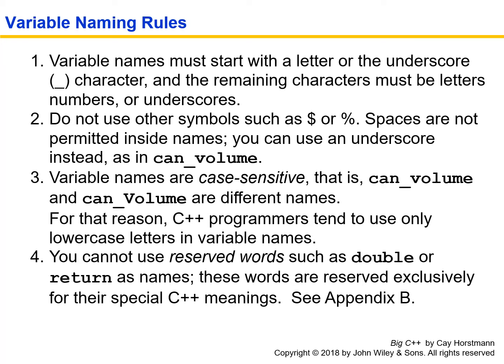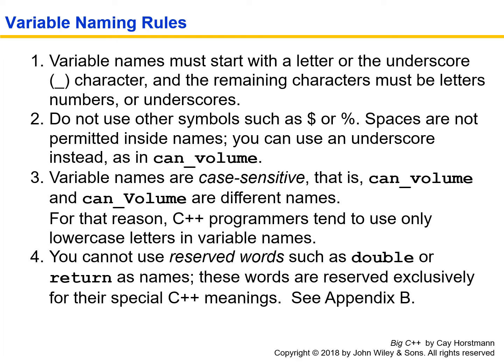Variable names in C++ are case sensitive. Actually, that's true in almost every programming language I've ever used. All the modern programming languages are case sensitive. So can volume and can capital V volume are different variables. Since this can lead to some confusion in your code, C++ programmers tend to use only lowercase letters in variable names.